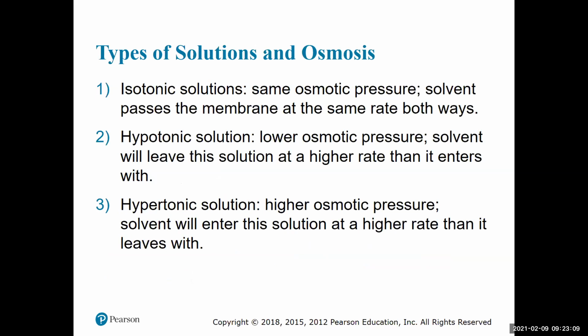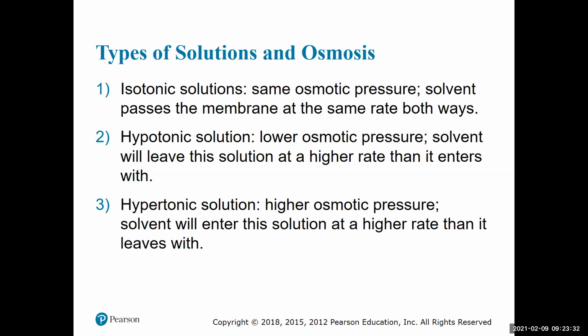So when we talk about solutions and osmosis, there's a few terms that we need to be familiar with. One is the term isotonic solution. With isotonic solutions, you have the same osmotic pressure. And what this means is basically it's at equilibrium.